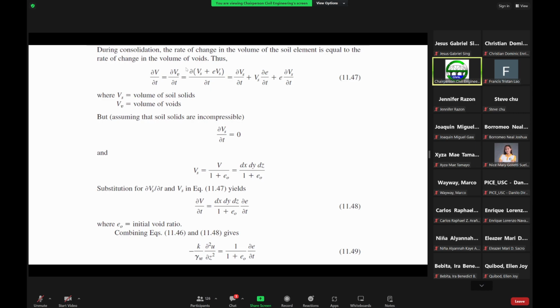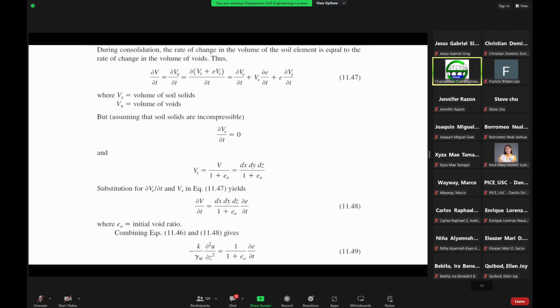And then if we expand this, applying the derivative of a sum and the derivative of a product, as you recall from differential calculus, we now have this equation here.